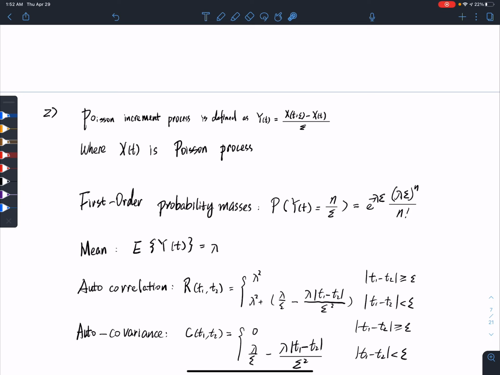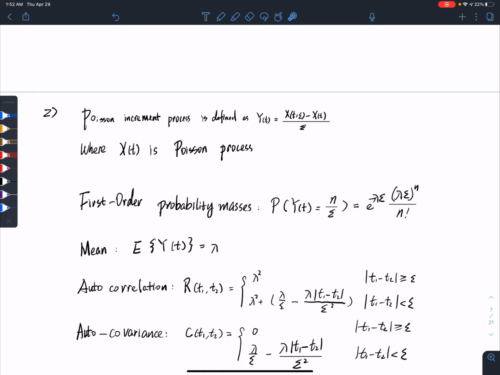First order property, the probability mass: probability y(t) equal to n over epsilon equals e to the power negative lambda epsilon times lambda epsilon to the power n over n factorial. The expected value of y(t) is equal to lambda.